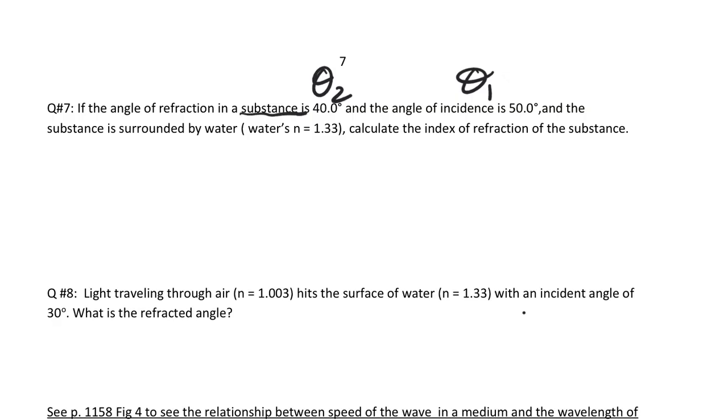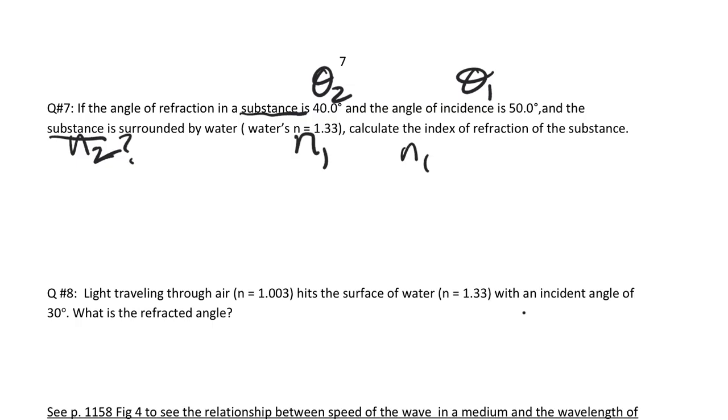So the substance is N2, and the water is N1, because the substance that's doing the refracting has that angle of refraction too. So I'm going to keep consistent and call the index of refraction of that substance N2. Okay, so you're looking for N2.